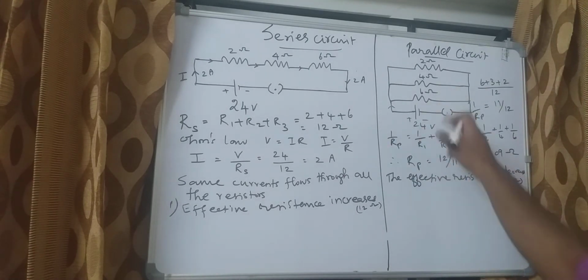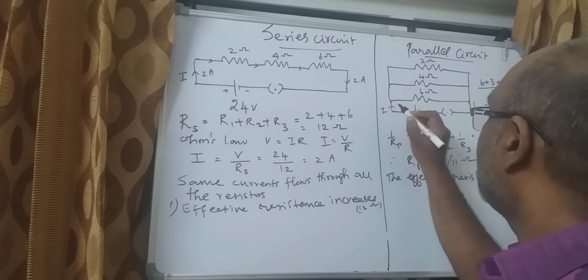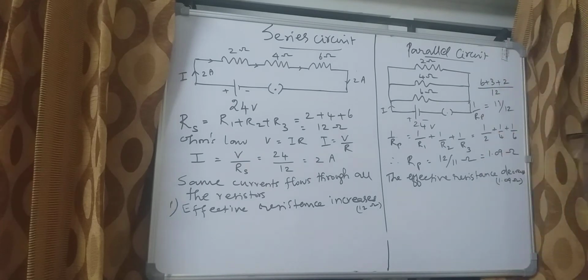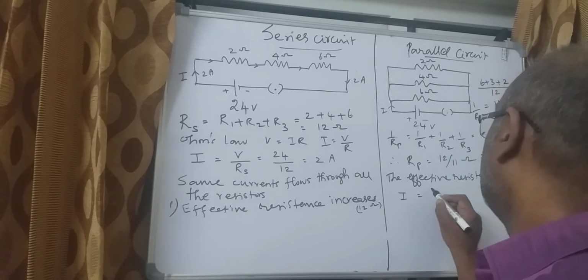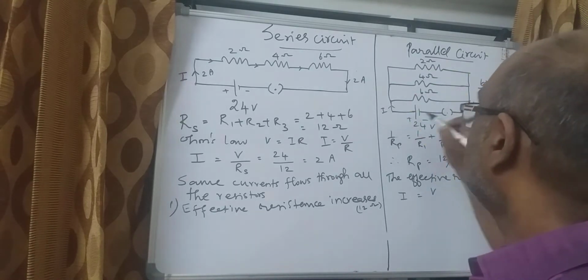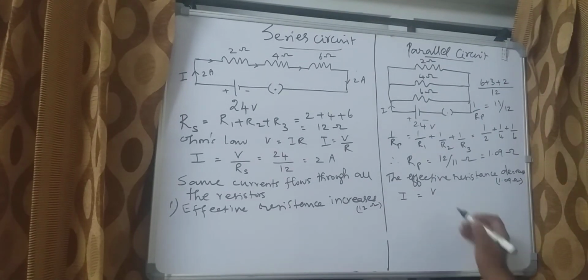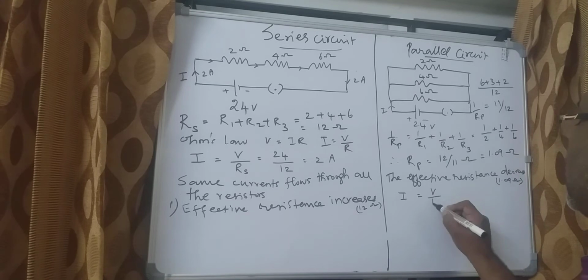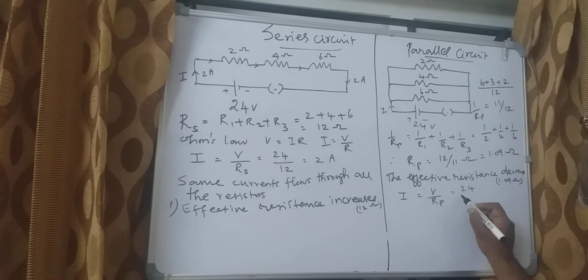And we can find how much current can flow in this circuit. This is the current that flows through the circuit. The current I is equal to the voltage given to this circuit, 24 volt, divided by Rp, where the voltage is 24 divided by 12 by 11.